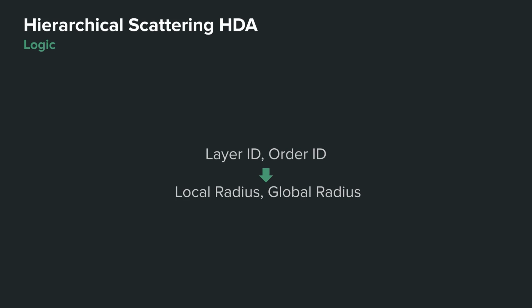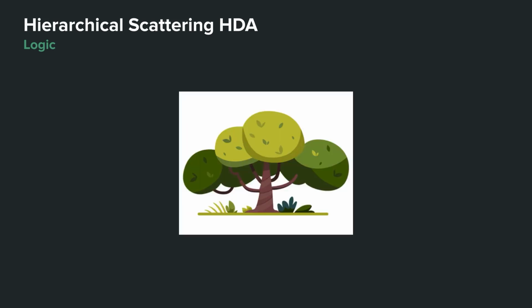The key difference is that layer ID is used for incoming assets when we chain multiple hierarchical scattering HDAs, and order ID is used for asset variants in the current HDA. By using layer ID or order ID and two radius parameters, we can replicate a common natural hierarchy.